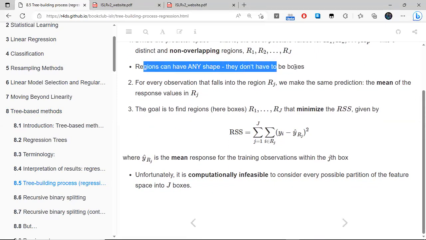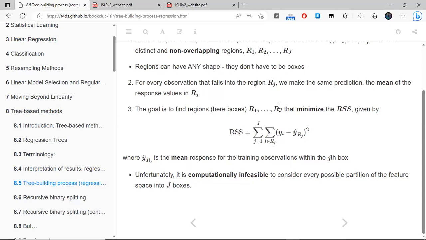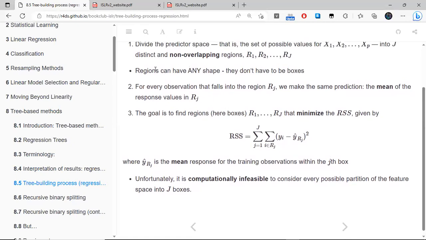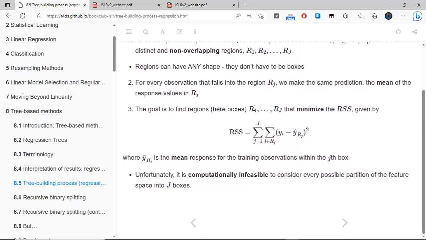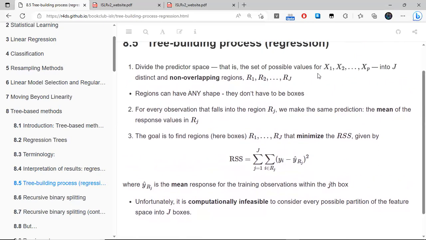Oh, interesting. In the book and the video lectures, it did say that they have to be boxes. In particular, when one performs this in the practical case. Okay. Now we have boxes and predictors.